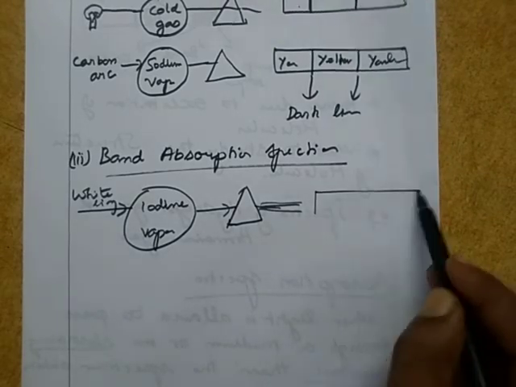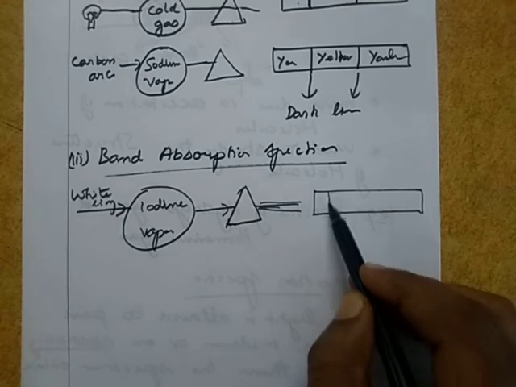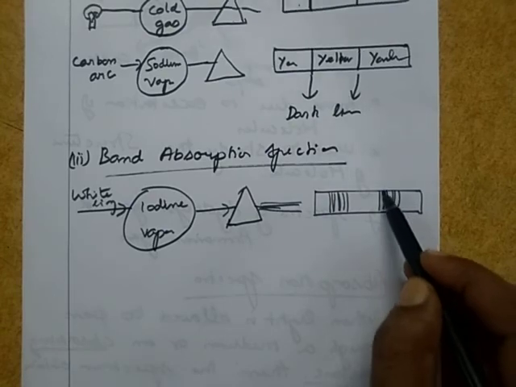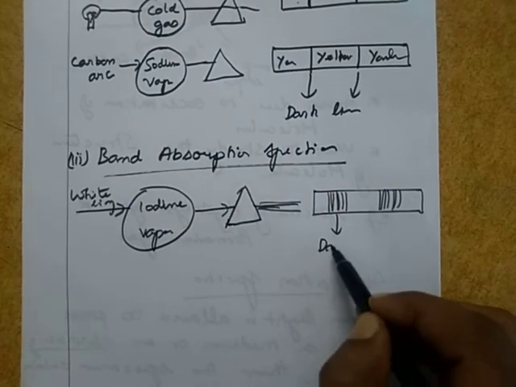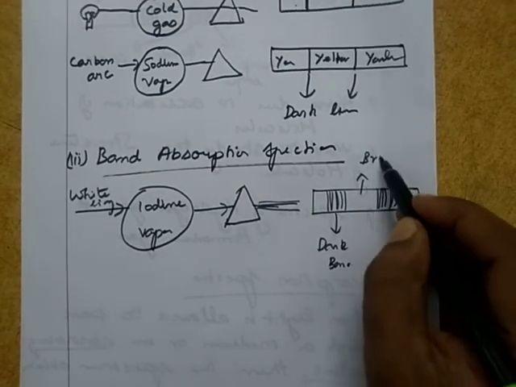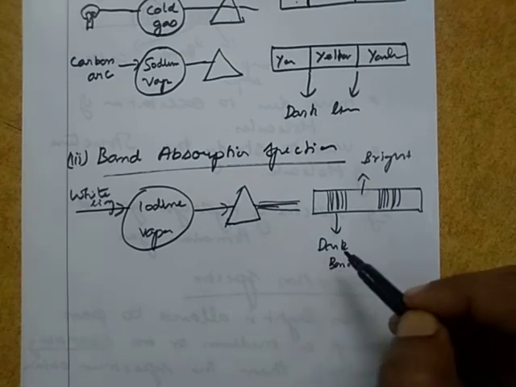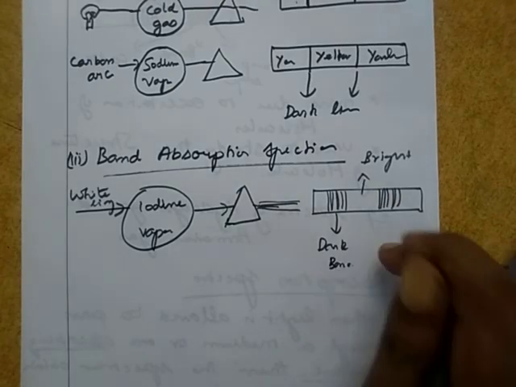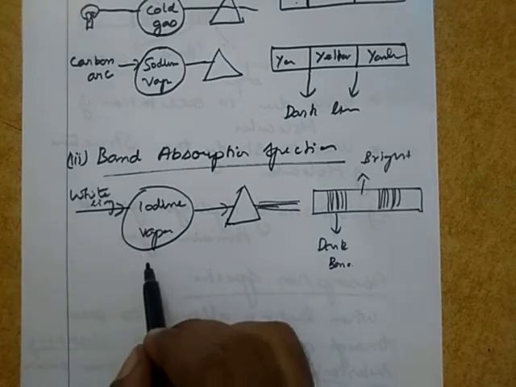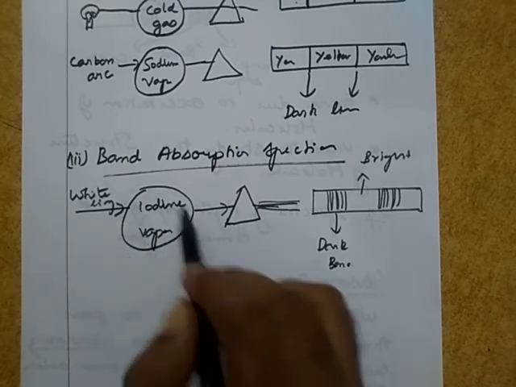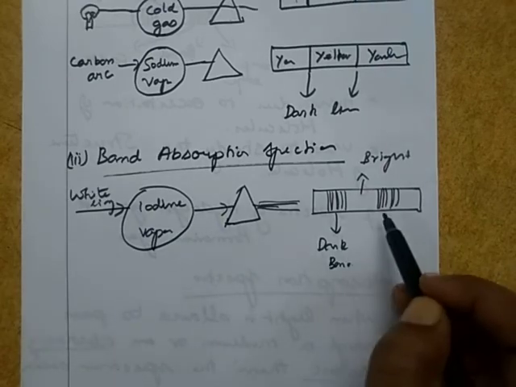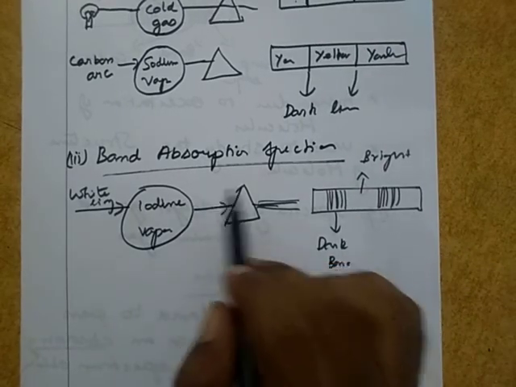Here we get continuous dark bands in a bright background. This can be observed if a white light is allowed to pass through a dilute solution of blood or chlorophyll. This is known as band absorption spectra.